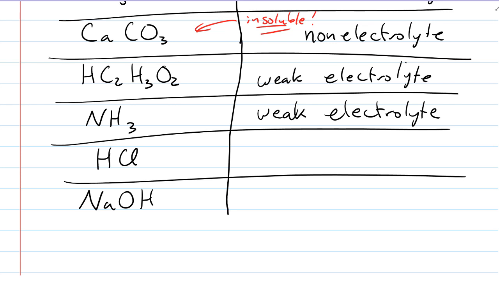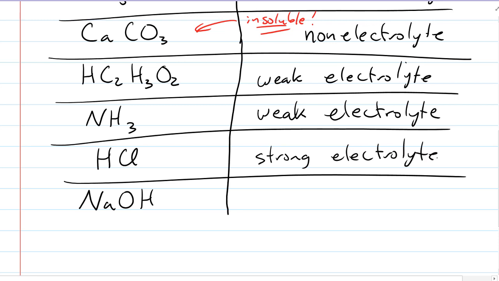Okay. And then the last one we're going to do is going to be sodium hydroxide. And of course, as we're labeling this here, it is a strong electrolyte. And if we do this last one now, we'll place some water into here.